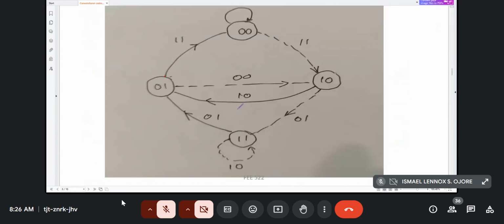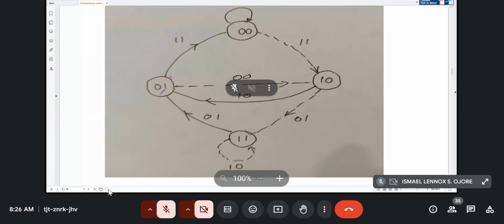So if you are in 0, 1, then the input is a 0, which means this is a continuous line. The next state will be 0, 0, and the output will be 1, 1. Yeah? Let me do maybe all of them, then it will be easier to understand.